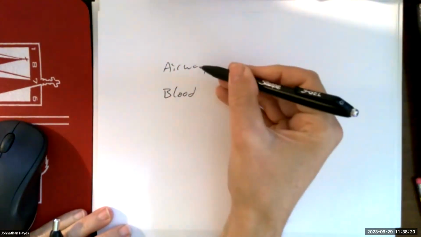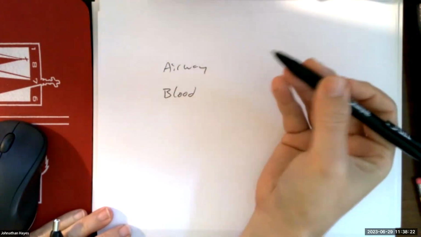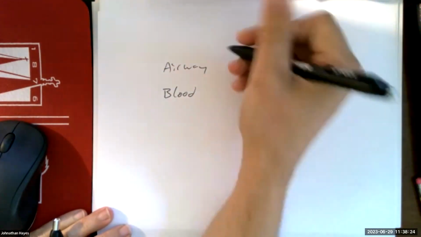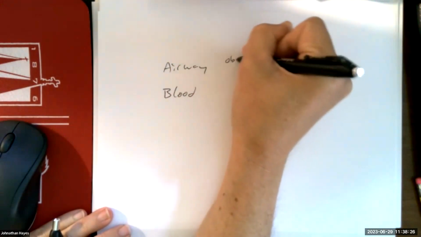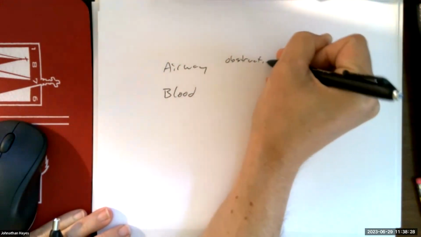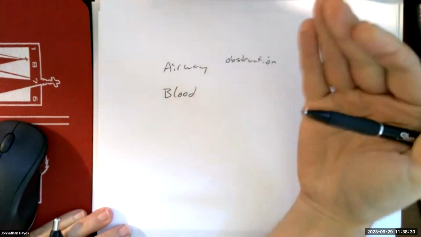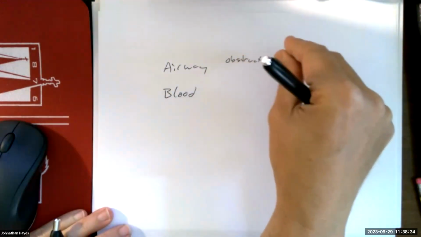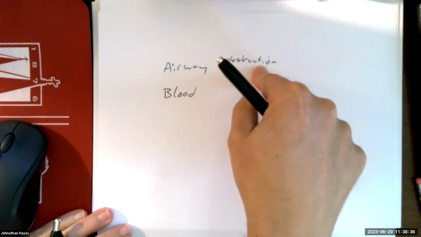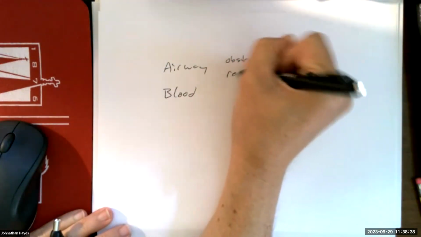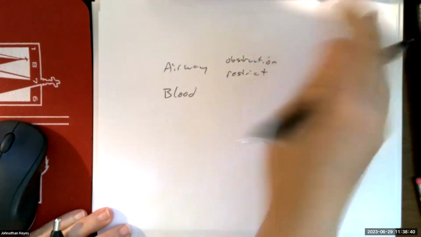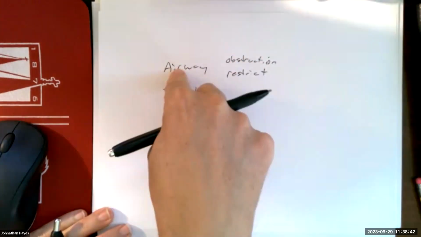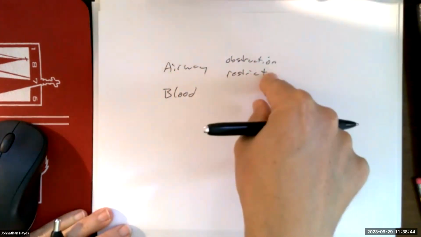But what are things that could change an airway? Well, maybe I'm going to obstruct the amount of air that can get out, right? So if your airway becomes collapsed or blocked, then you can't get stuff out. Or maybe if I restrict how much air can get in, that's a problem. Or maybe if there's something in the airway other than air, that's a problem.